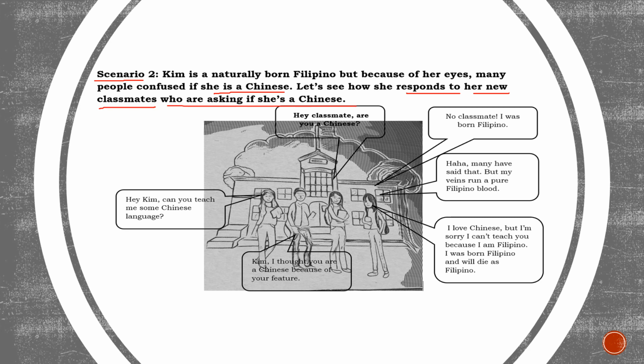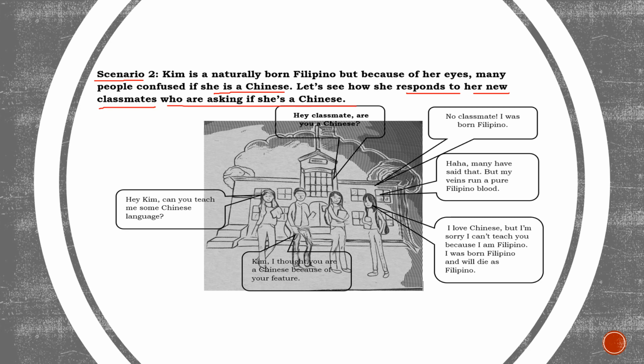If not, there is a possibility that Kim is Chinese, but Kim was born here, so we consider that Kim is a naturally born Filipino and a pure Filipino without dealing with her features.